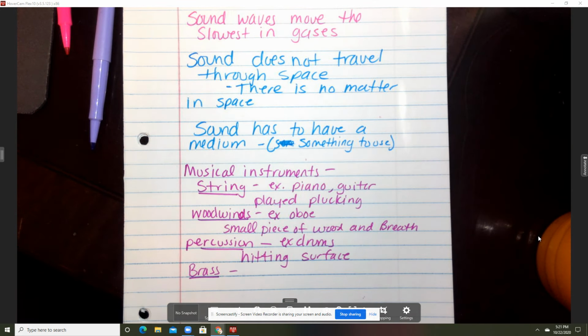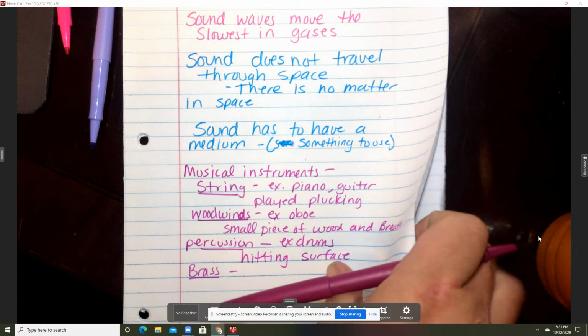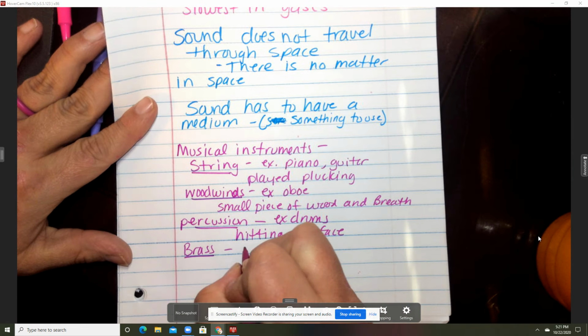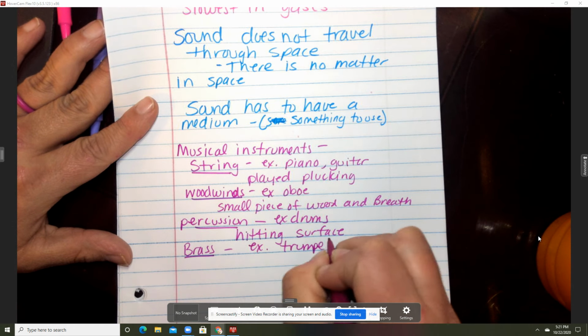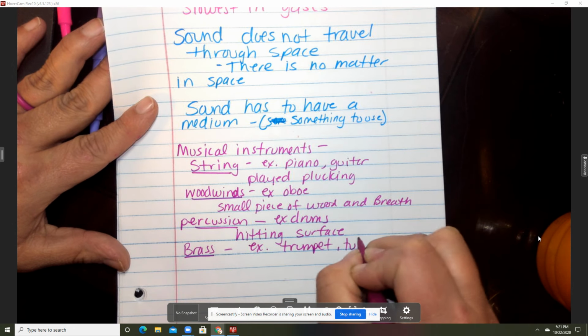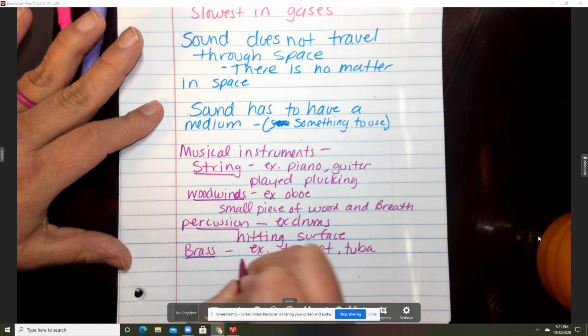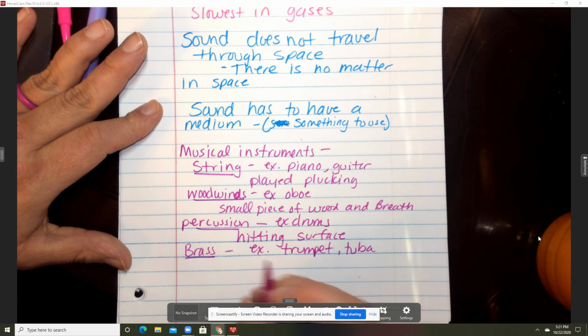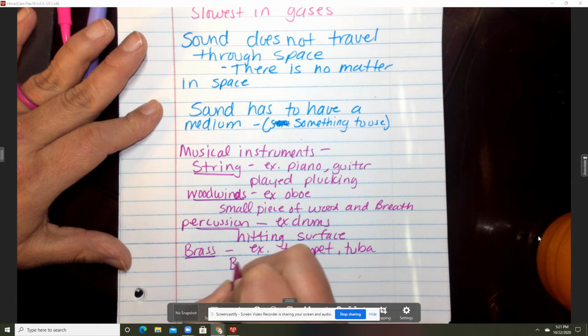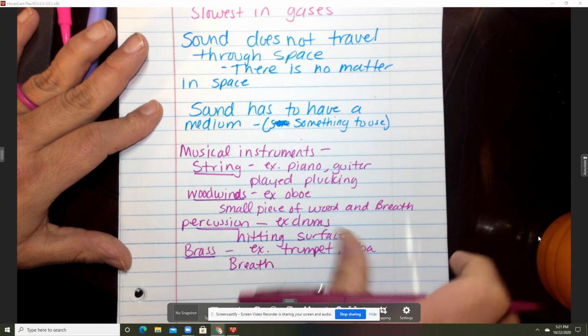My niece plays the trumpet. My nephew played the trombone and the baritone. But those are things like trumpet and tuba. They are brass. They're metal, and you just blow, and your breath is what makes the sound.